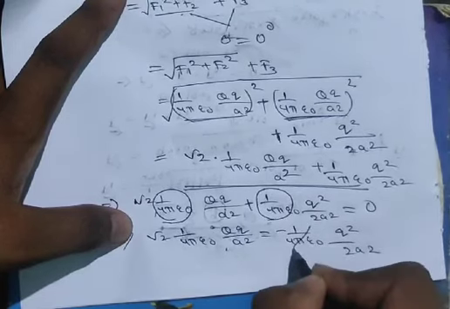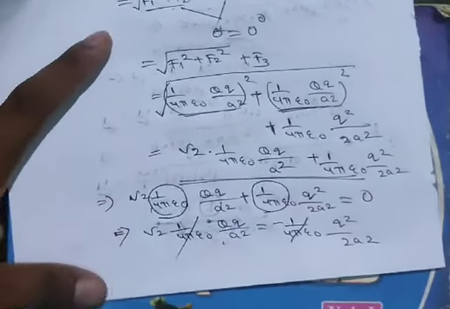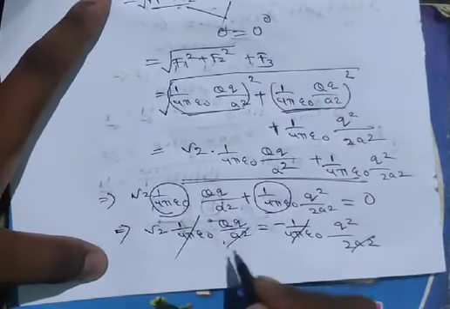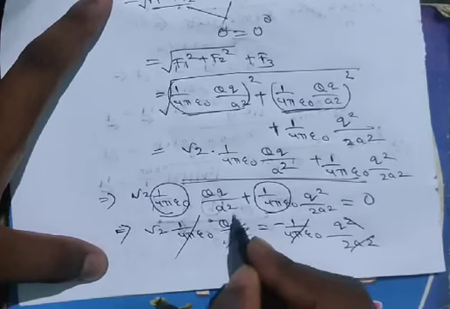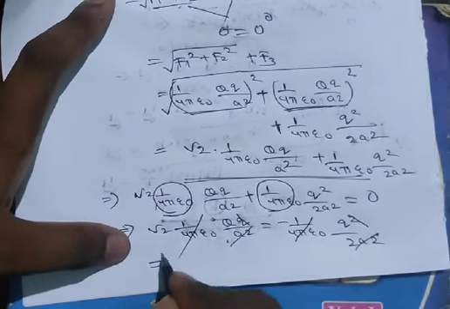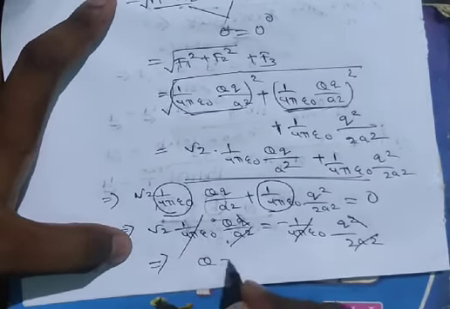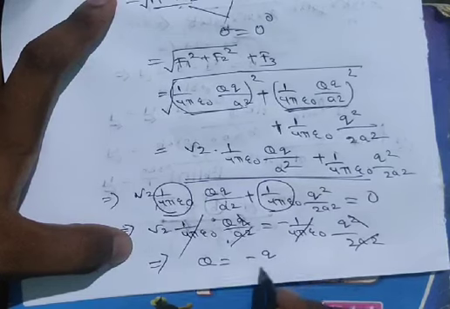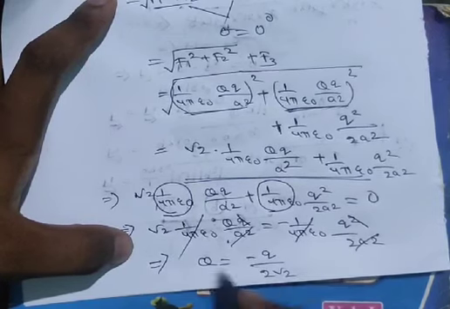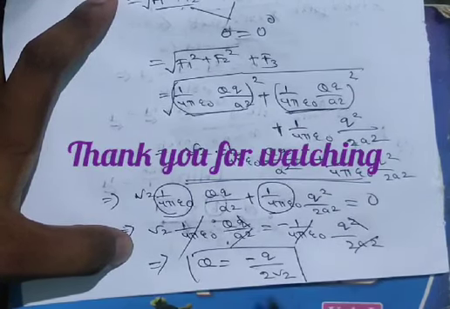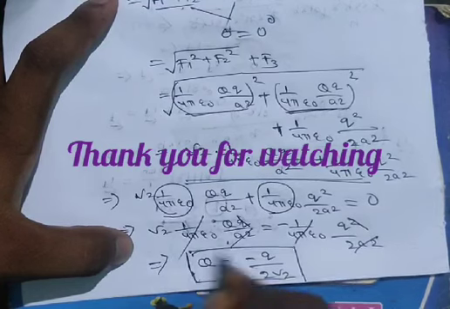See, 1 by 4 pi epsilon cancels, a square cancels, and one q cancels, so we got Q equals minus q by 2 root 2. This is the relation we got. So is it clear?